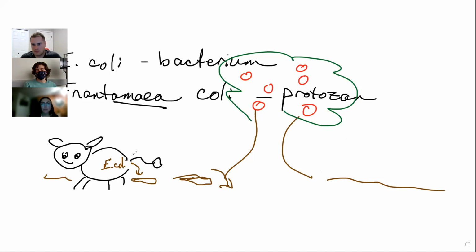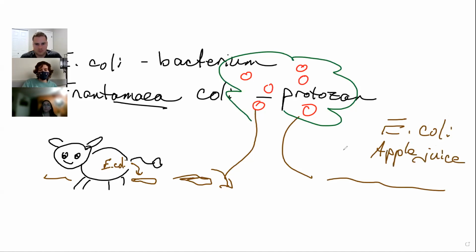And so there was an outbreak of E. coli in apple juice. And they traced it back to this organic facility. I'm going to put my ladder here. And when you have somebody who's picking, boy, that's a really small person.